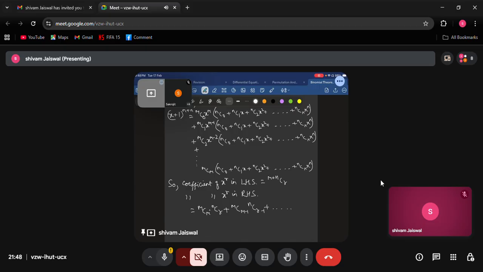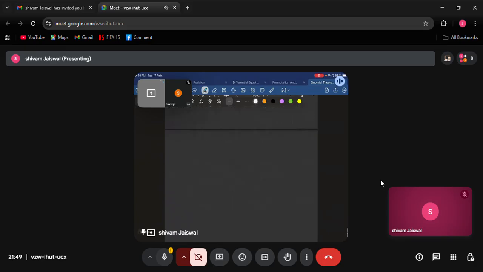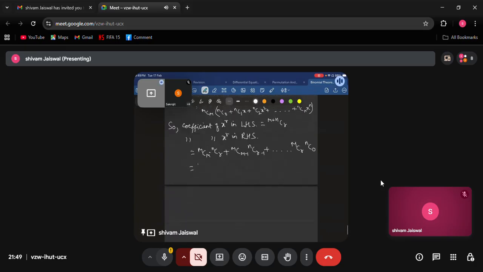It will go on up until mCr into nC0. So everyone, mCm, we can write it as mC0 into nCr plus mC1 into nC(r-1) plus dot dot dot plus mCr into nC0.